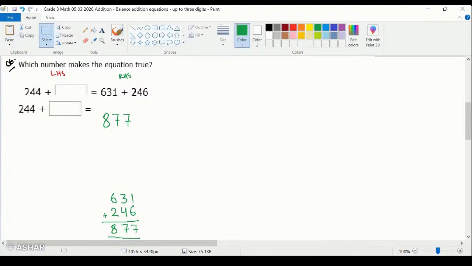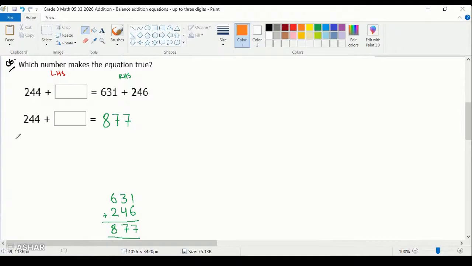Okay, that means 244 plus a missing number should be equals to 877. Now what we need to do is we need to do the subtraction.